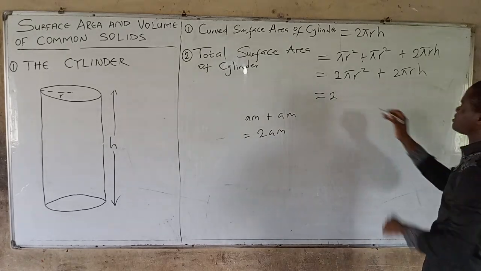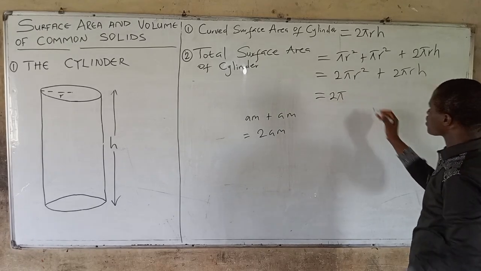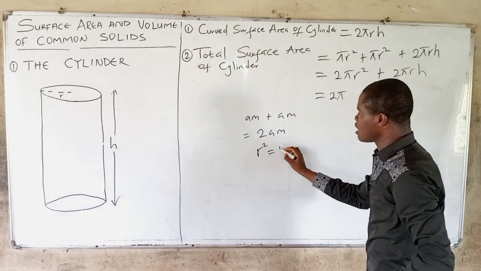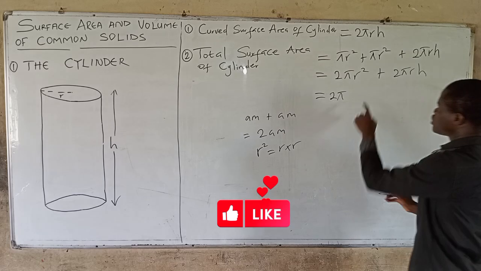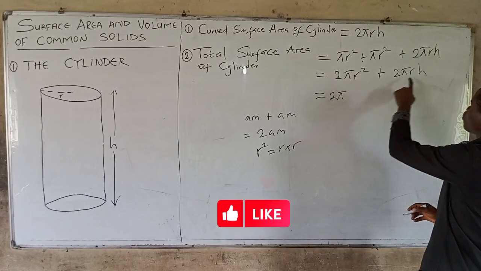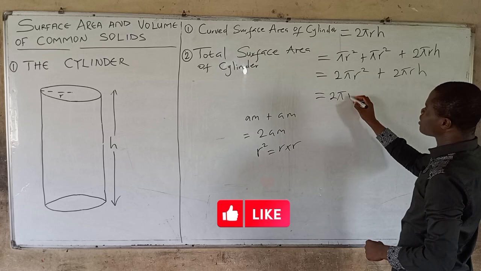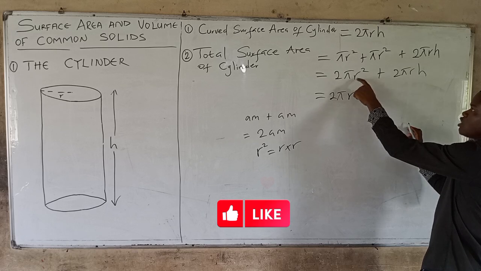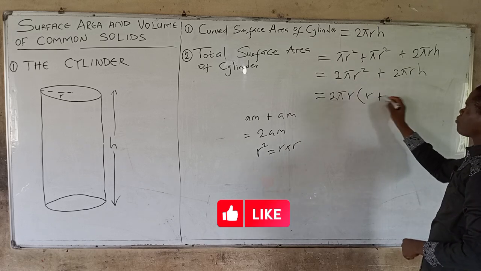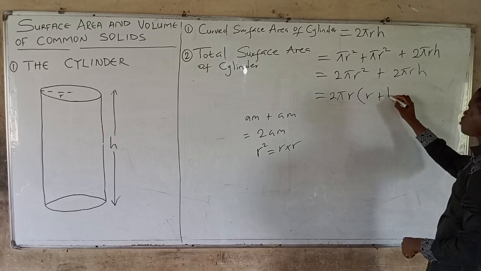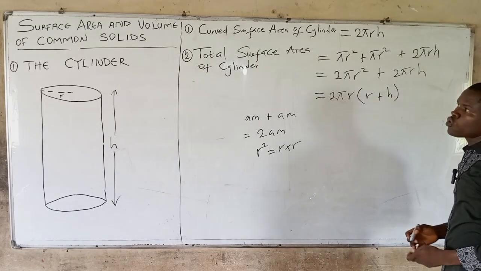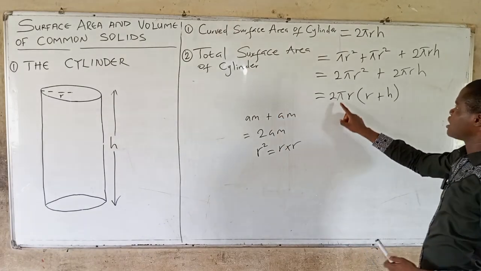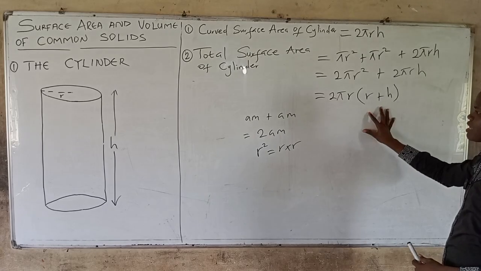Pi is here, I'll bring it out. R square means r times r. So it means there are 2 r's here. So there is r here, there's r here. I'll bring out 1 r here. Open bracket. Remember there are 2 r's here. So what remains here is r plus what remains here is what? H. So the formula for the total surface area of a cylinder is given as 2 pi r bracket r plus h.